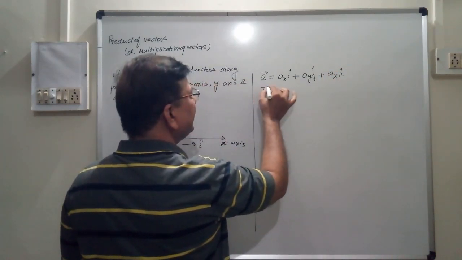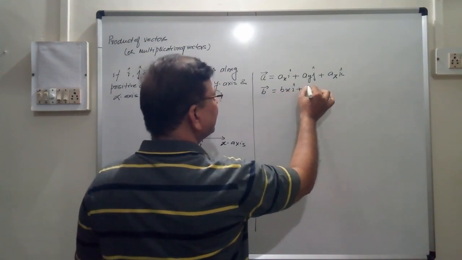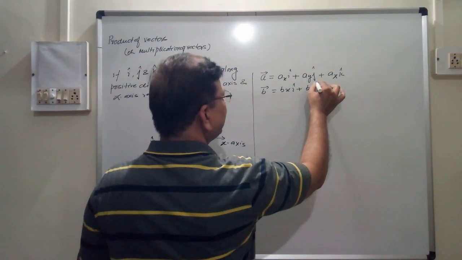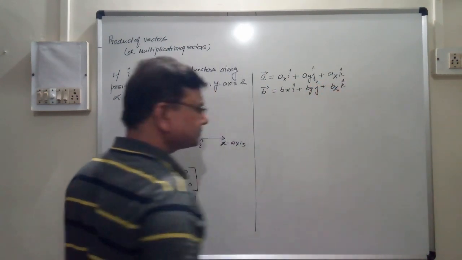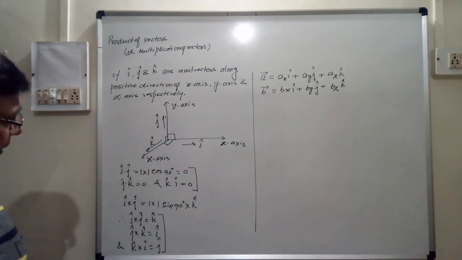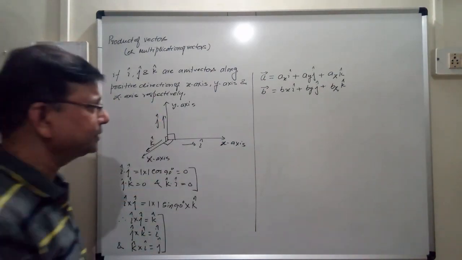Likewise, the vector B can be represented as BXI plus BYJ plus BZK. Now we will look at the dot product of these two vectors and the cross product.